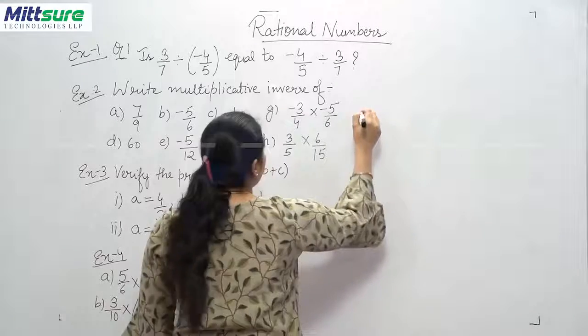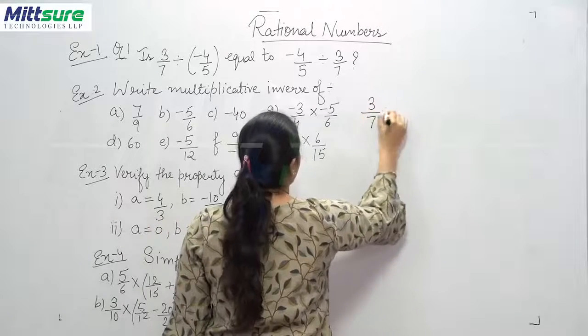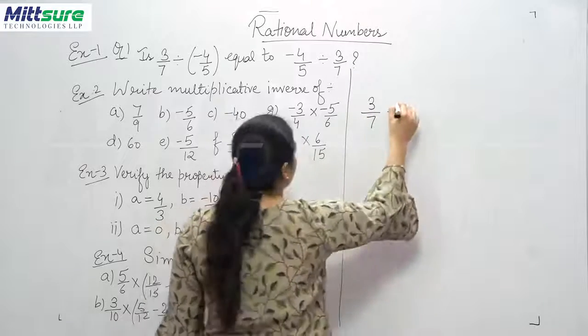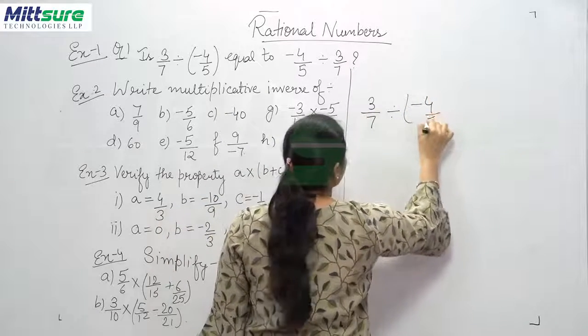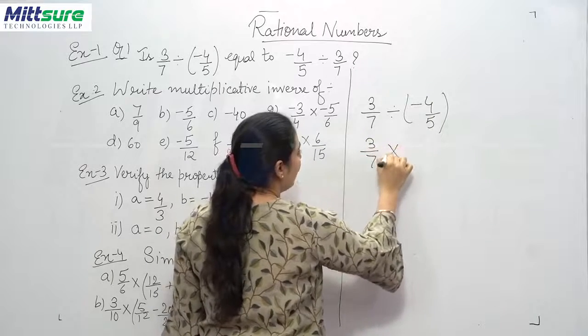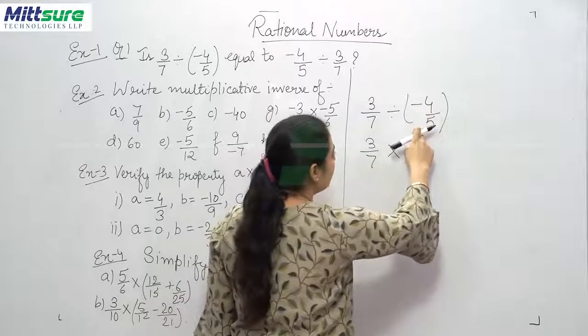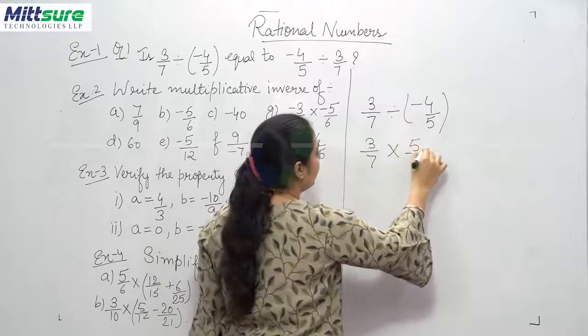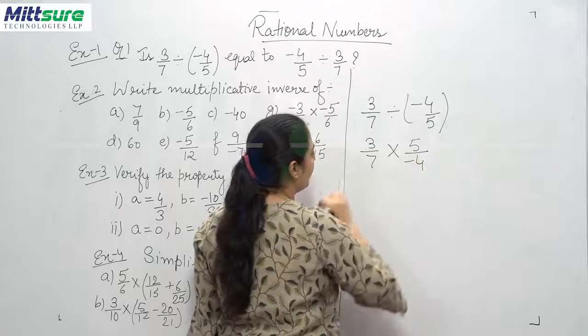So let's take first 3 upon 7 divided by minus 4 upon 5. So 3 upon 7, the multiply sign will come, and this will be the multiplicative inverse. So it will become 5 upon minus 4.